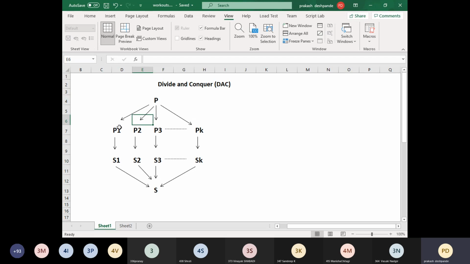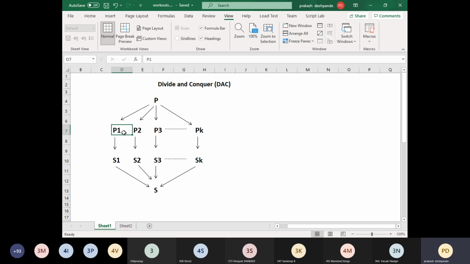So I get the subproblems P1, P2, P3 up to Pk. I have divided it into multiple subproblems. Now assume that P1 is a small problem for which I can easily find the solution.